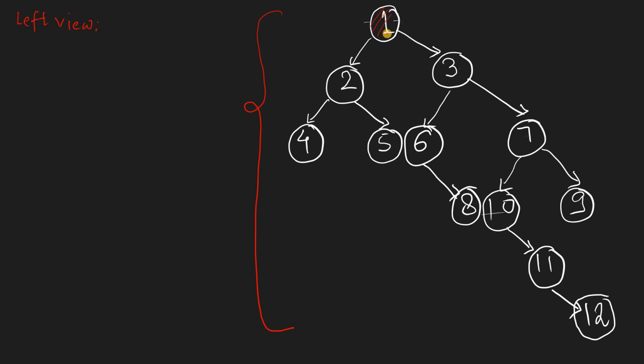So the left view of the binary tree will be 1, 2, 4, 8, 11, and 12.